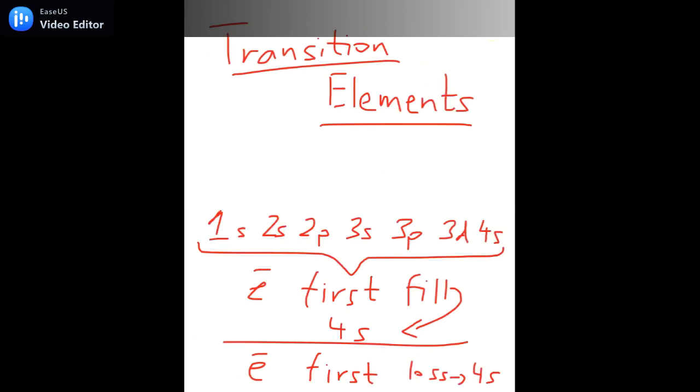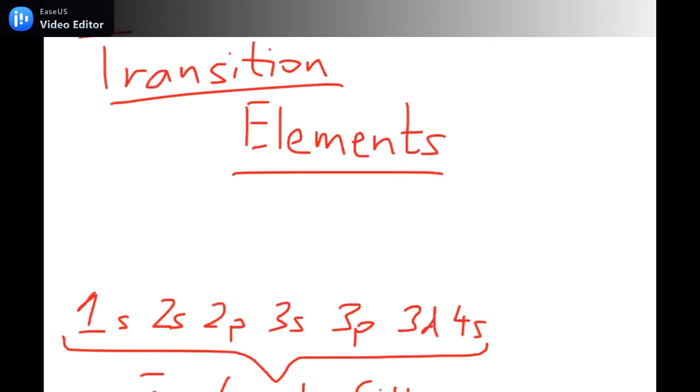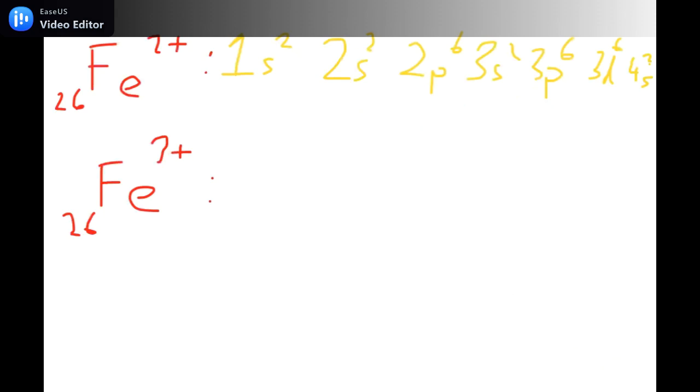Electrons are always lost first from the 4s orbital. So first, the 2 electrons from 4s will be lost. So the configuration of iron 2 plus will be without the 4s orbital, that is 1s2, 2s2, 2p6, 3s2, 3p6, and 3d6. For the iron 3 plus ion, there are 3 electrons lost.